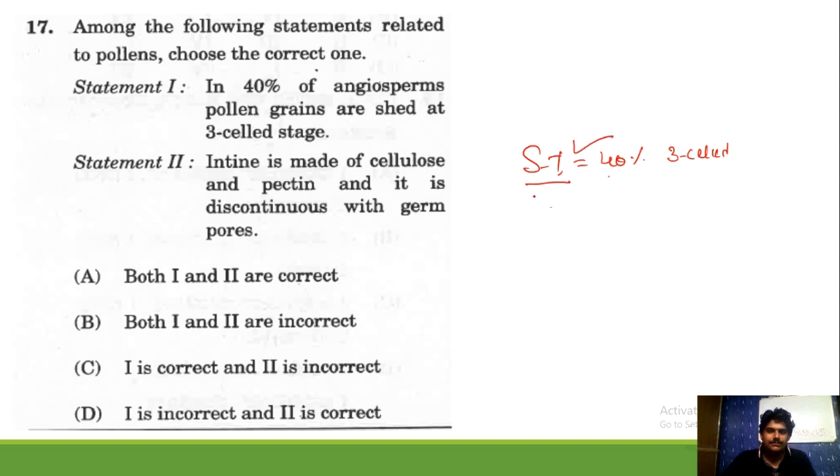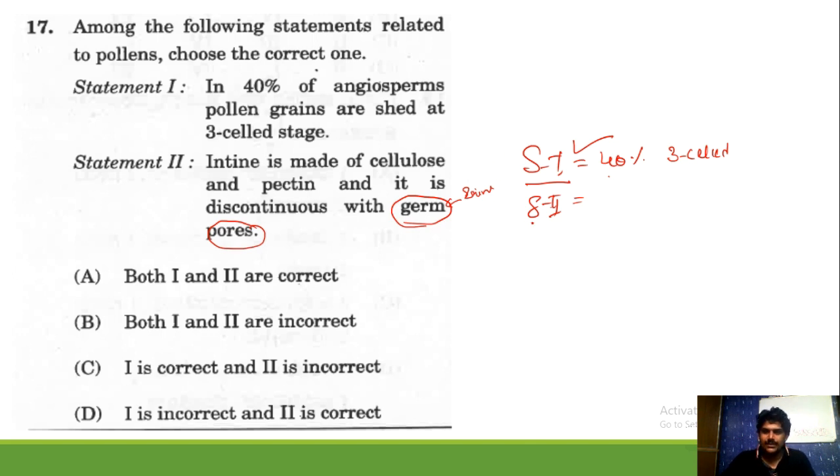Then statement 2 says that intine is made up of cellulose and pectin, and it is discontinuous with germ pores. Here, intine doesn't have any germ pores, only the exine is discontinuous with germ pores. So germ pores are present in the exine.